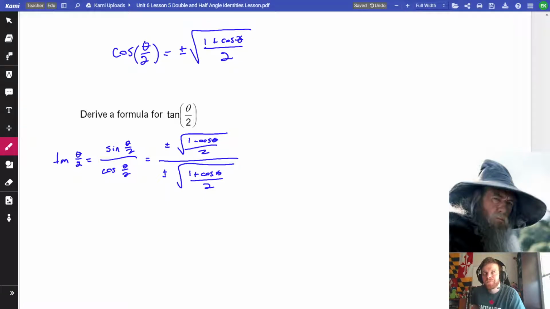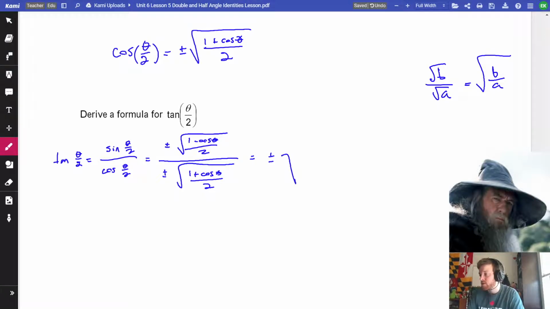pretty. Or are they? Let's do a little bit of simplification, some algebra. Let's turn these two square roots into one big square root. The square root of b over the square root of a is equal to the square root of b over a. Facts. So let's go ahead and do that.